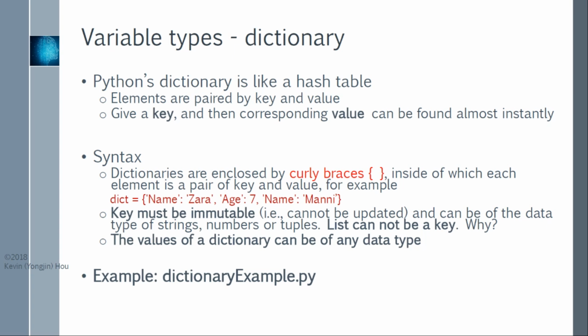So list is not immutable. So that's why it cannot be the key for a dictionary. The values of a dictionary can be of any type because with the same key, you can modify and change its value. Now let's look into the example.